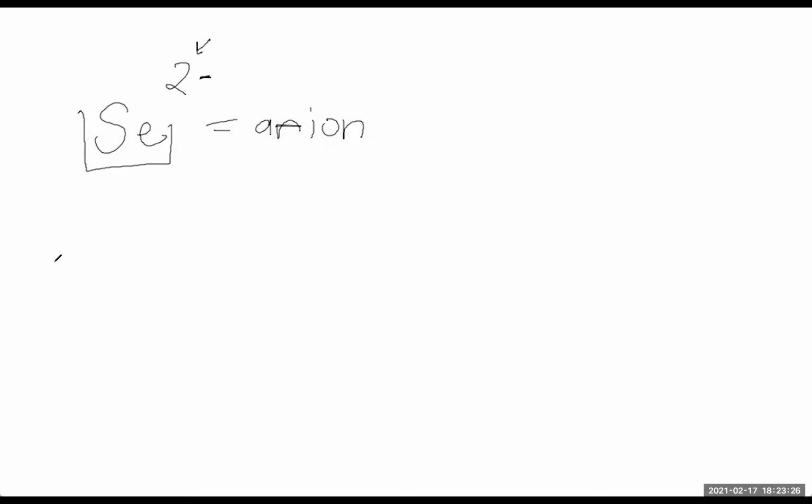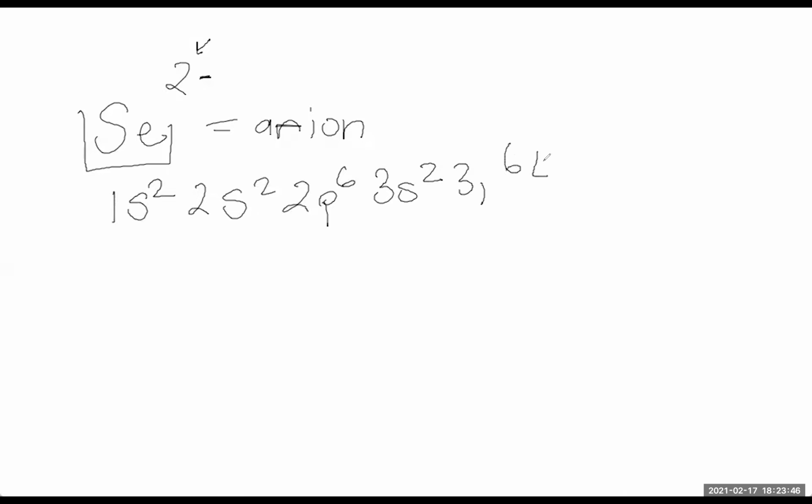So if we were to find the electron configuration of Se, if we take a look at our periodic table, we would do 1s2, 2s2, 2p6, 3s2, 3p6, 4s2, 3d10, and then we have 4p4. So this is in its ground state without the ions.